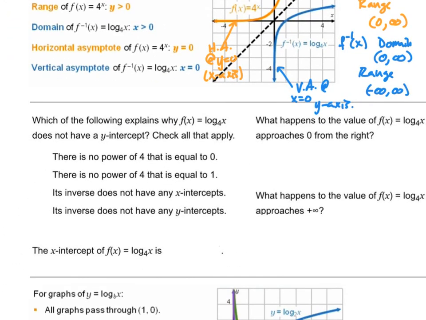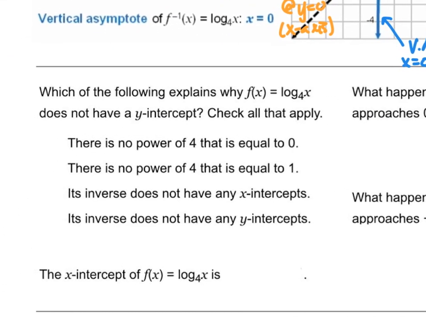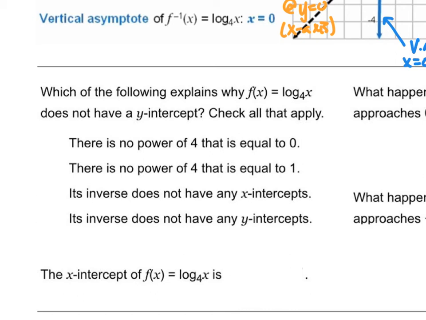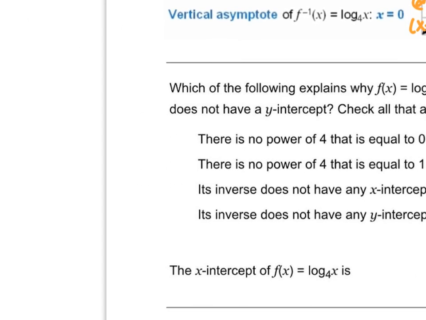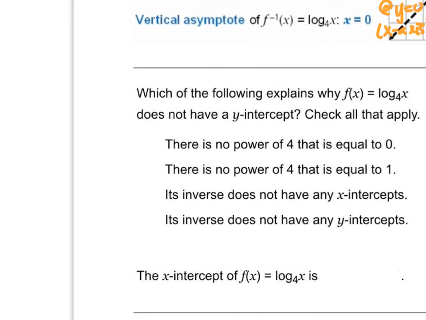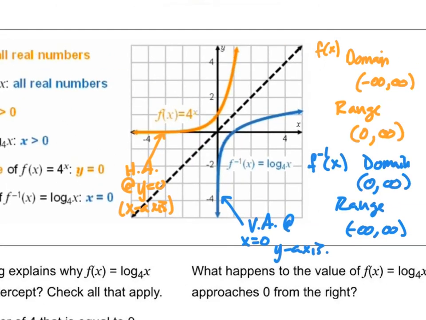All right. It says, which of the following explains why f of x is equal to log base 4 of x does not have a y-intercept? And the thing that you have to think about is this. Let's look at the graph. It's asking, why does this graph not have a y-intercept?